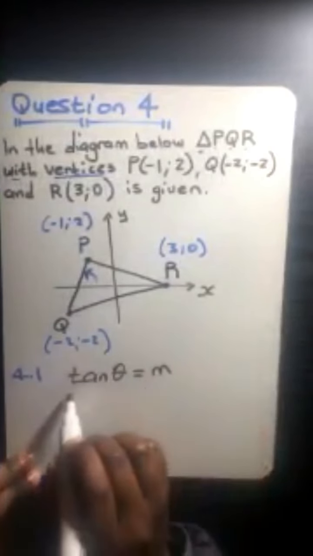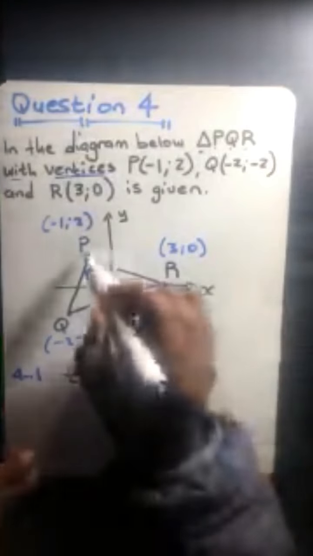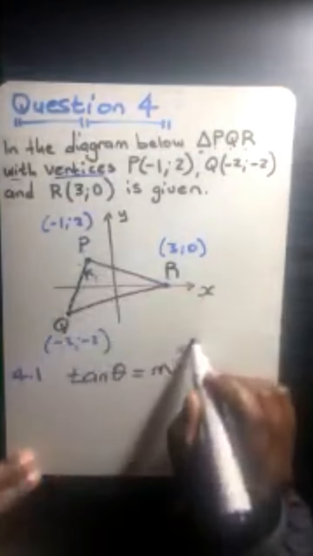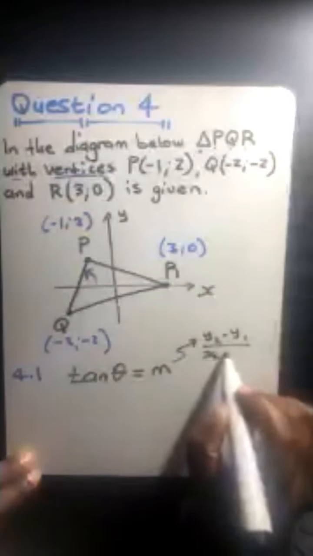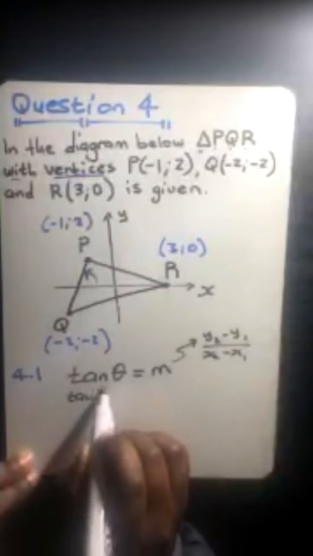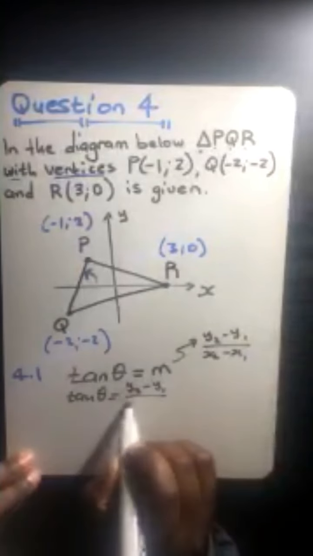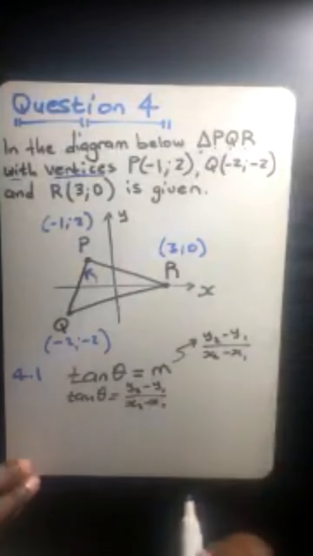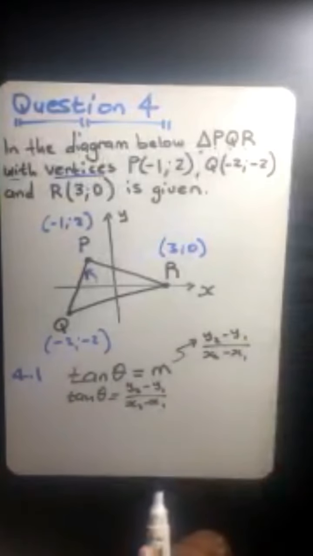Now, what is the gradient? I'm not given the gradient of PQ, but I know the formula says y2 minus y1 over x2 minus x1, which means tan angle is equal to y2 minus y1 over x2 minus x1.